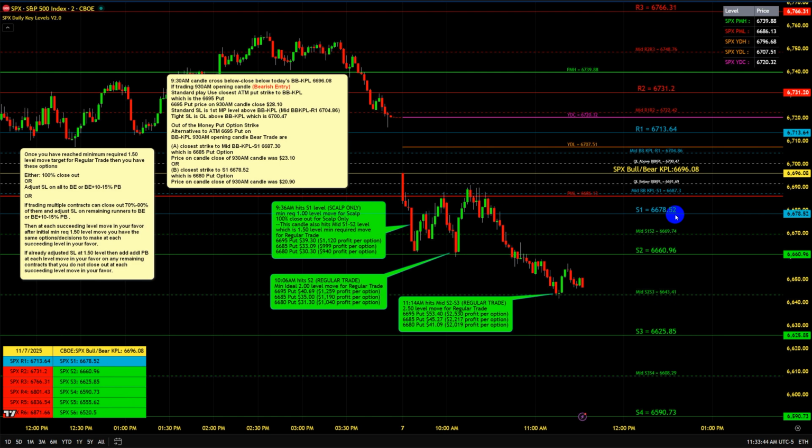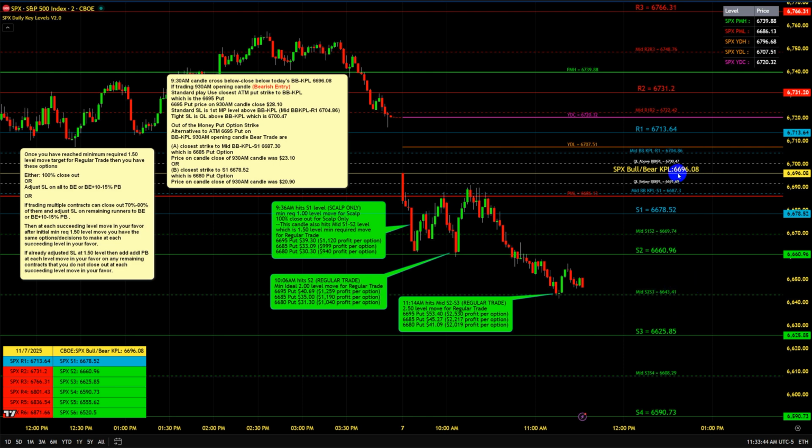Even though the indicator will display by default R1 through R6 and S1 through S6, it's best when you're first using the indicator at the beginning of the session to drill down somewhere between R2 to S2 or R3 to S3, or in this case, we've opened it up all the way down to S4 because of the bearish price action that we had today.